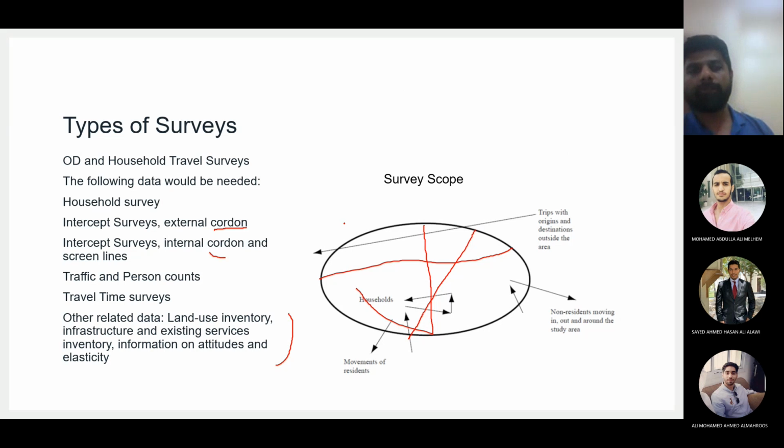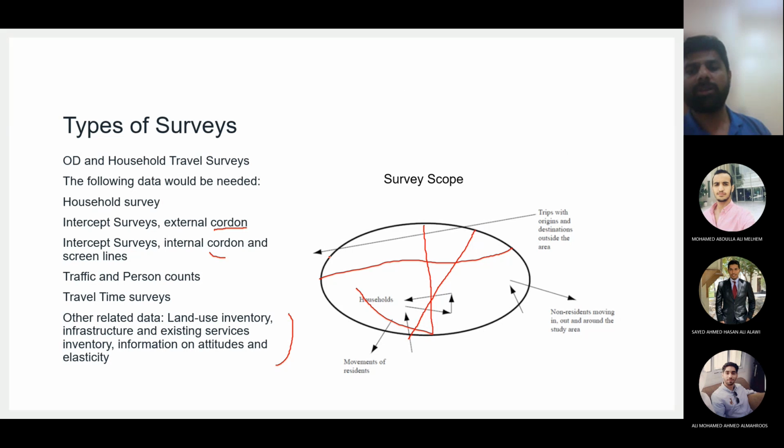Now the scope of the survey may include, for example, if this is your area for which you are doing the study, then there can be trips which have origin and destination both outside your area. They are just crossing your area.